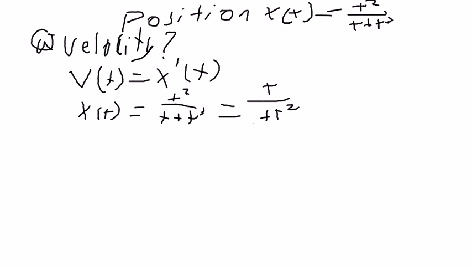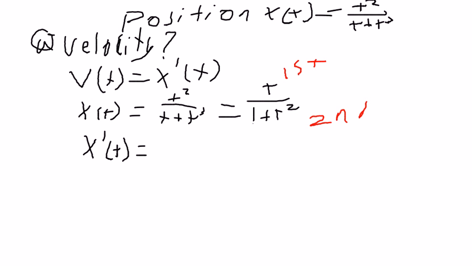That's 1 plus t squared. So then x prime of t, we're looking to find the derivative of this. And so we have to use a quotient rule, which is first, second.